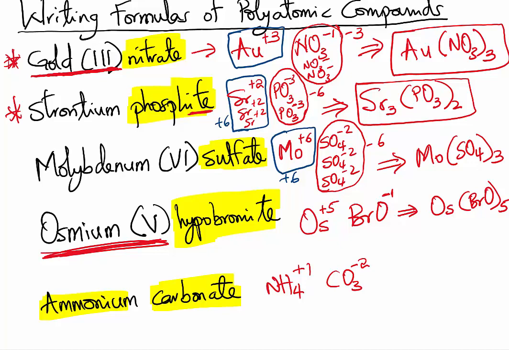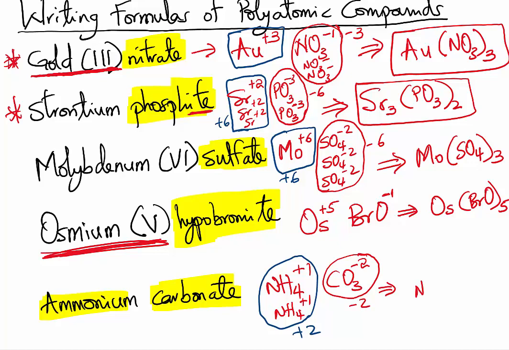To balance out the charges, we need 1 more ammonium ion so that the total positive is +2, and that will balance out the total negative, which is -2. So the formula will be 2 of the ammonium to 1 of the carbonate, (NH4)2CO3, and that would be the formula of ammonium carbonate.